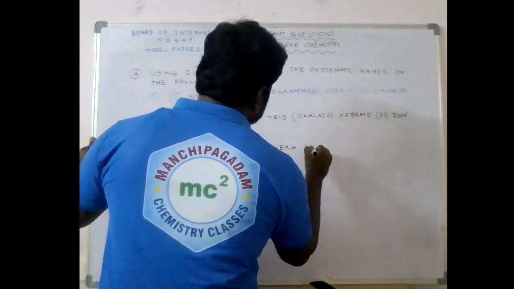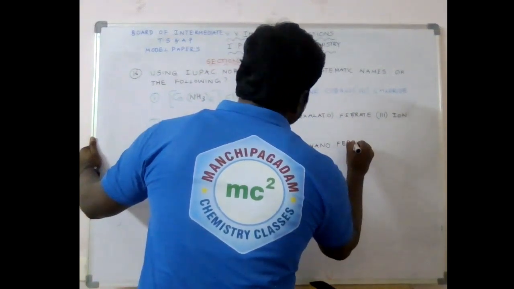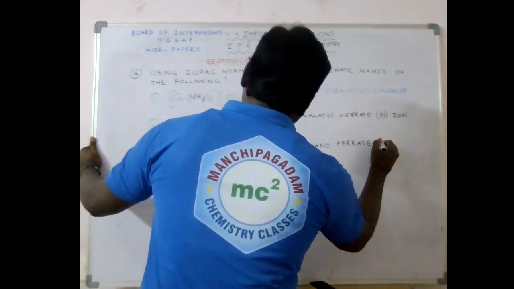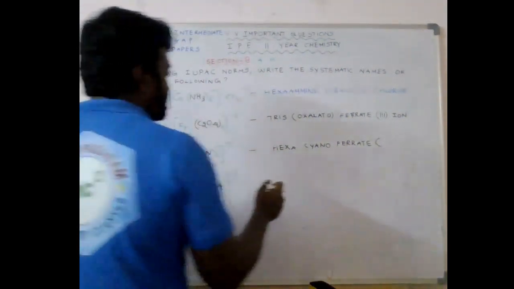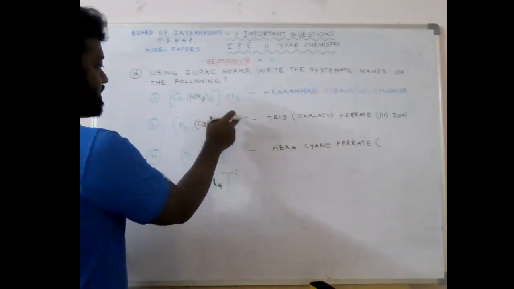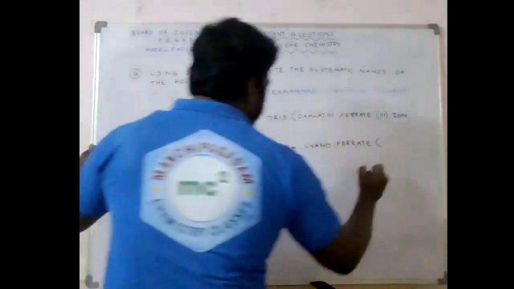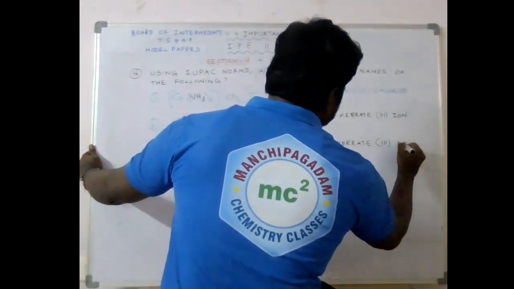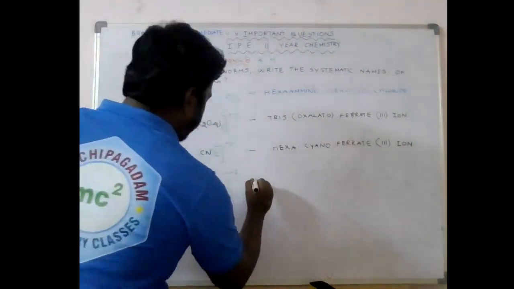So hexacyano, again negative charge, that is why ferrate. 6 minus 3 is what? 3. Here bidentate I told, 3 twos are 6, 6 minus 3, 3. Here 6 into 1, 6 minus 3, 3. Ion. Okay, we can't explain clearly, but you remember like that.